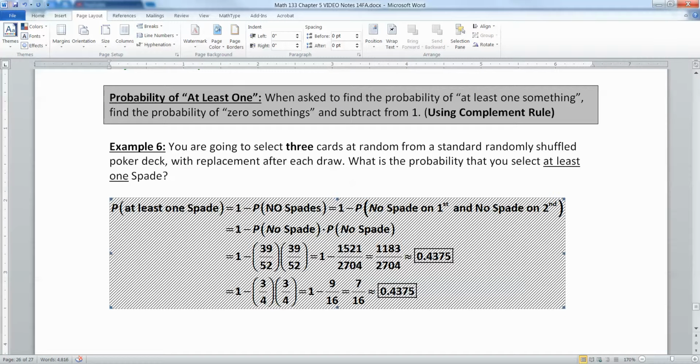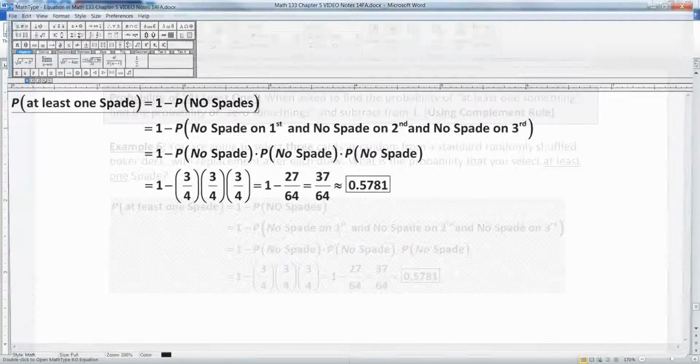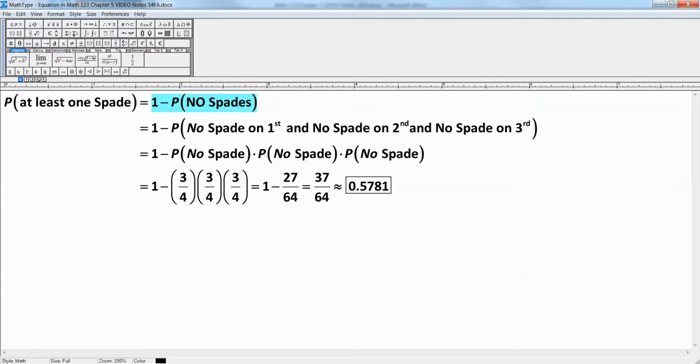Let me double check that. Oops, we're doing 3 cards. Nope, my bad. Hold on. Wrong one. All right, so no spades at all. I want no spades on the first, no spades on the second, no spades on the third. 3 cards, I don't want any of them to be spades.